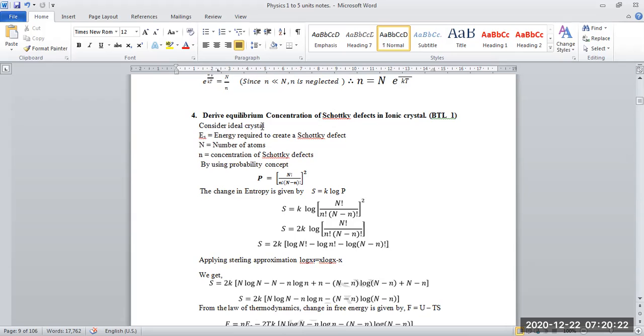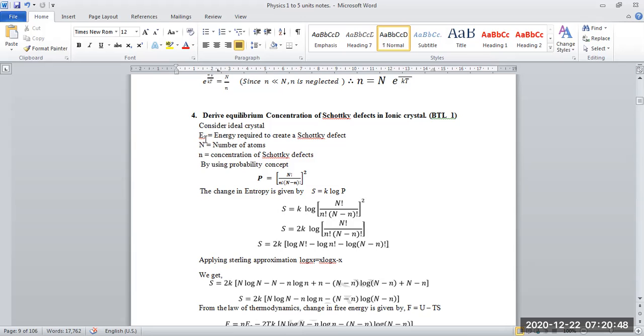Now let us consider. There is no such ideal crystal, but we are going for a probability value of the number of Schottky defective atoms. Probable value. So first of all, we consider an ideal crystal in which, say, E_V we had taken for the metallic crystal.